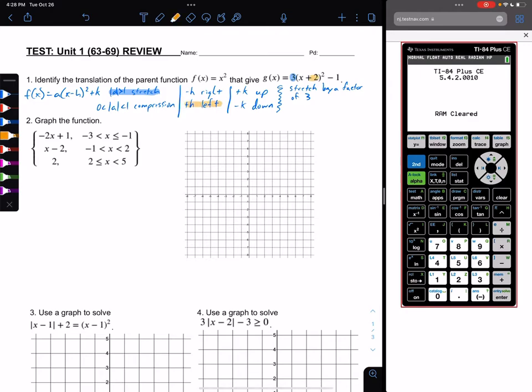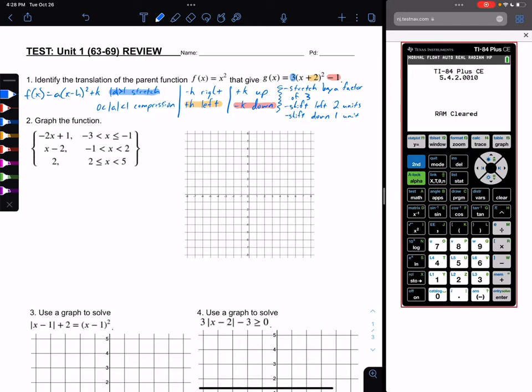That tells me that there is a shift left 2 units. And then finally I have this minus 1, which tells me that's minus k, which means there is a shift down 1 unit.